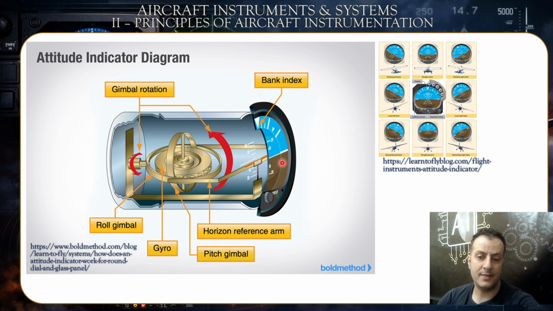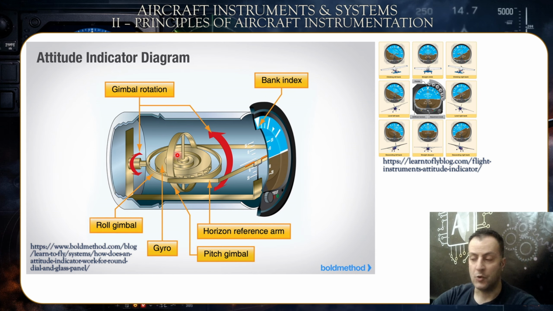Now, what is the anatomy of the attitude indicator and how does it effectively work? So, at first you have the roll gimbal here, which is when the aircraft is rolling, that would be rotating left and right. You see here the gimbal rotation.